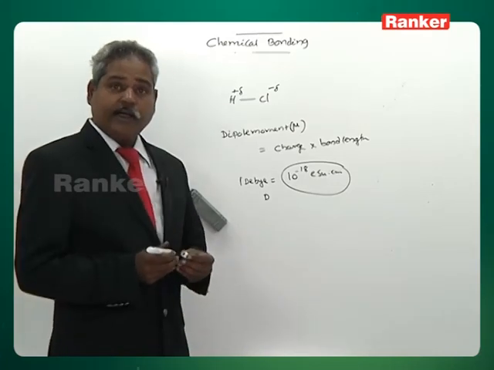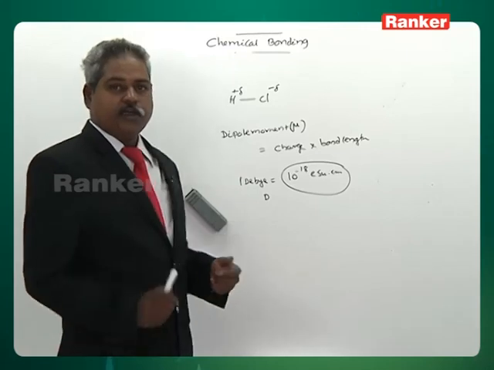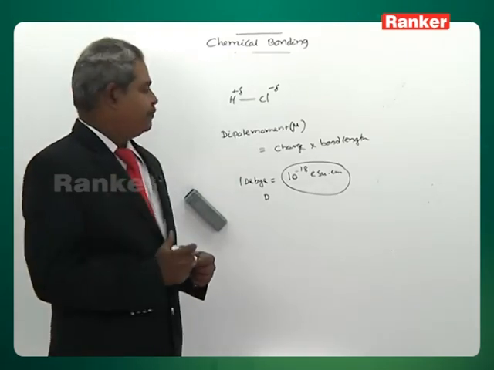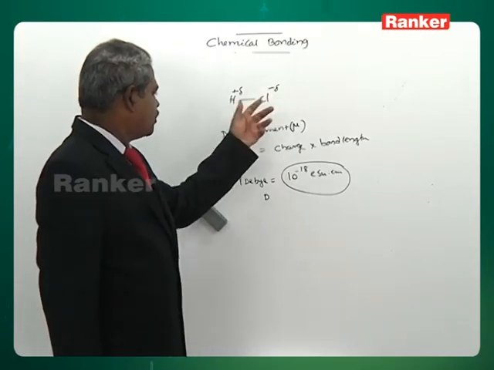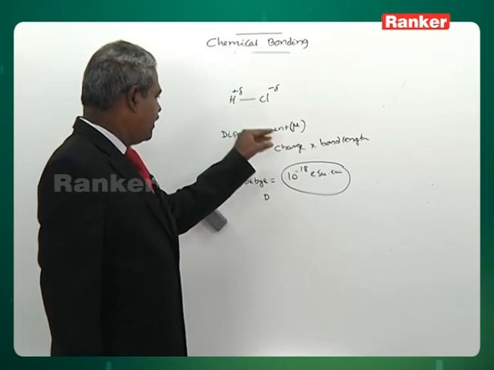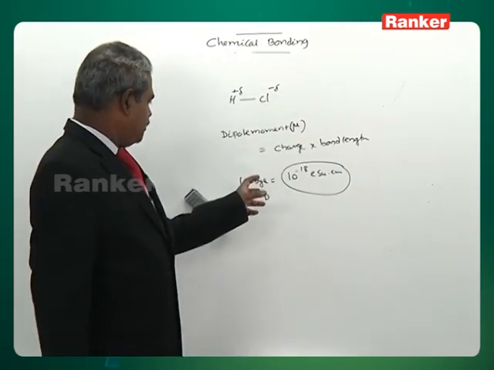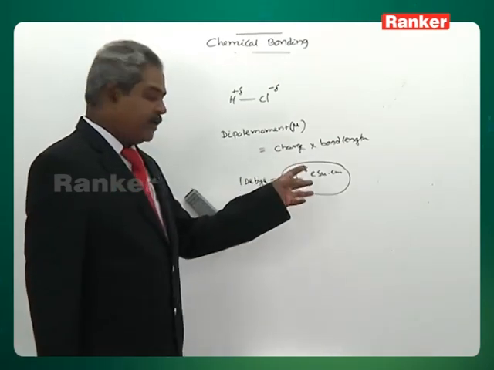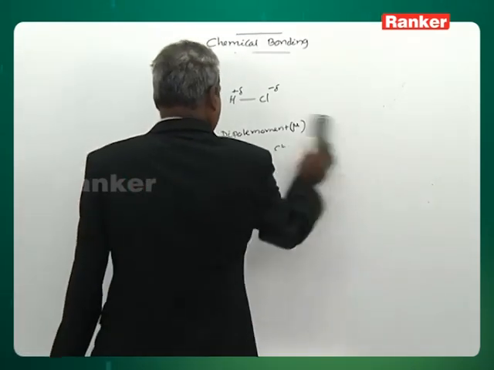Charge acquired by any one of the atoms, be it positive or negative charge. I am not interested in the sign, only the magnitude. You just consider the magnitude of the charge, which is equal for positive and negative, acquired by any one of them, multiplied by the bond length. It is measured in D; 1 D is equal to 10 power minus 18 electrostatic unit centimeters. So, that's it.